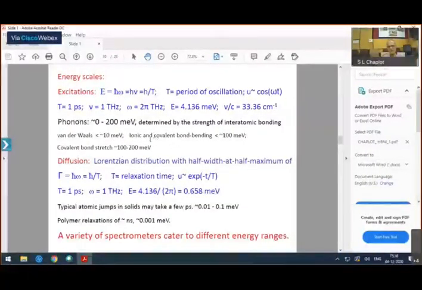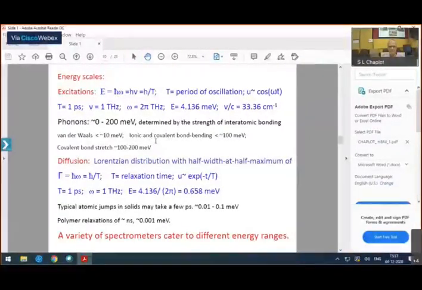If you have stronger bonding like ionic or covalent bonds, particularly bond stretching, which tends to be pretty strong, then bond bending energies are here, and bond stretching goes up to even higher values. If it's a hydrogen-hydrogen or carbon-hydrogen light atom, then the corresponding frequencies or energies are even higher. Lighter atoms will have larger frequencies. But this is again the energy scale we are talking about.